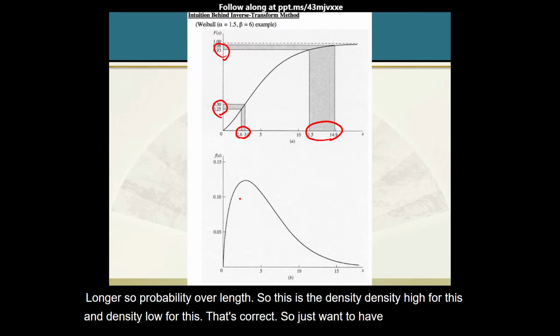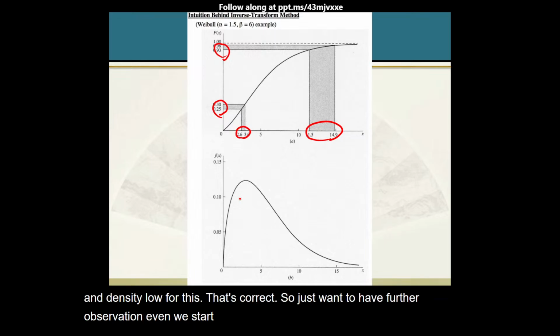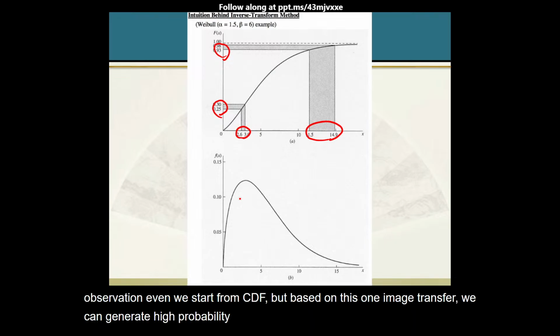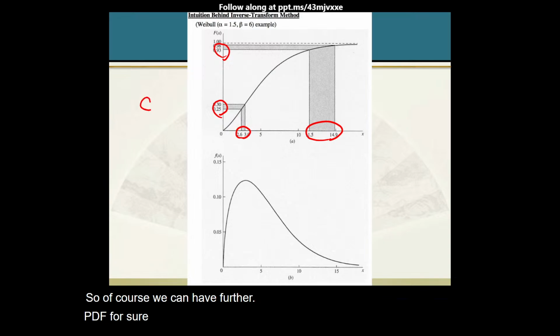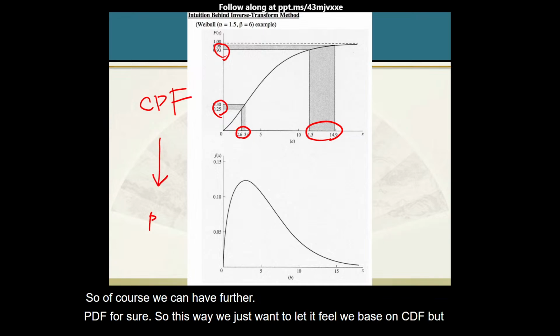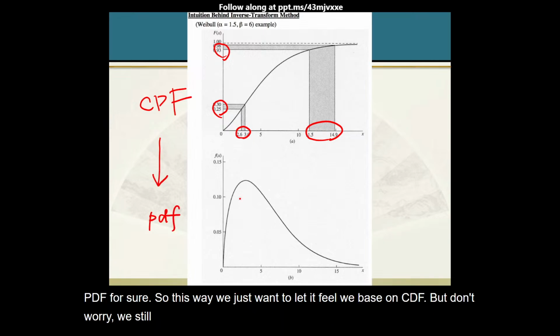So we just want to have the observation. Even though we start from CDF, based on inverse transform we can generate high probability around here and low probability here. So of course, we can have the PDF for sure. We base on CDF, but don't worry, we still can have the proper interpretation for PDF.